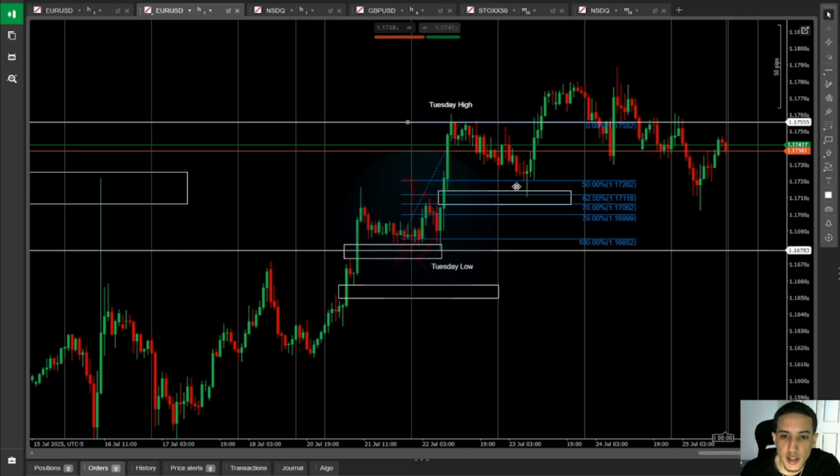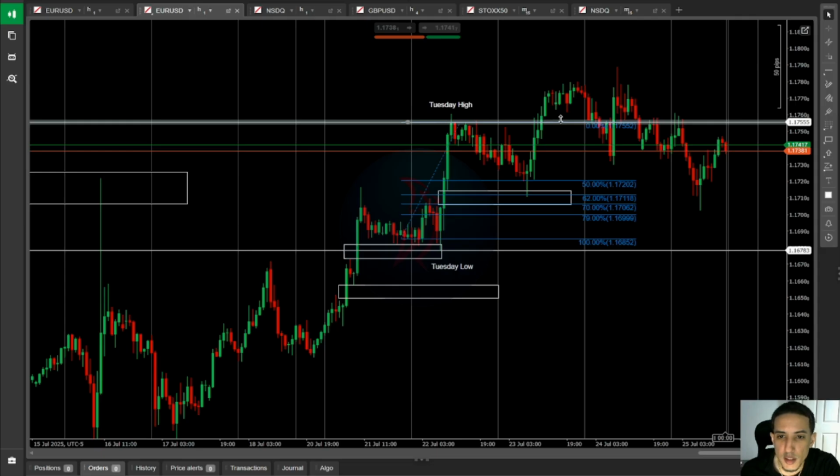What the market did here was retrace into Tuesday's fair value gap, retrace into a 62% level Fibonacci, and target the previous day's high. So my first profit target using this strategy would have been here right above Tuesday's high, and I would have put it right above the body of this candle here. That was actually the one that created Tuesday's high.